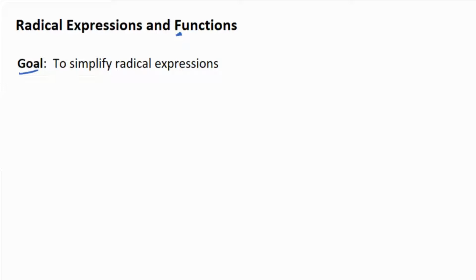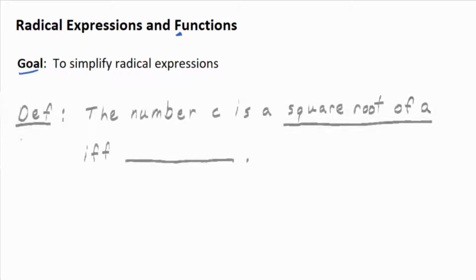You probably know what a square root is, but this definition might look a little funny at first. So the first definition, the number c, okay, that's always a little weird when you call a letter a number. So c stands for a number, right? The number c is a square root of a number a. a stands for a number. IFF means if and only if.